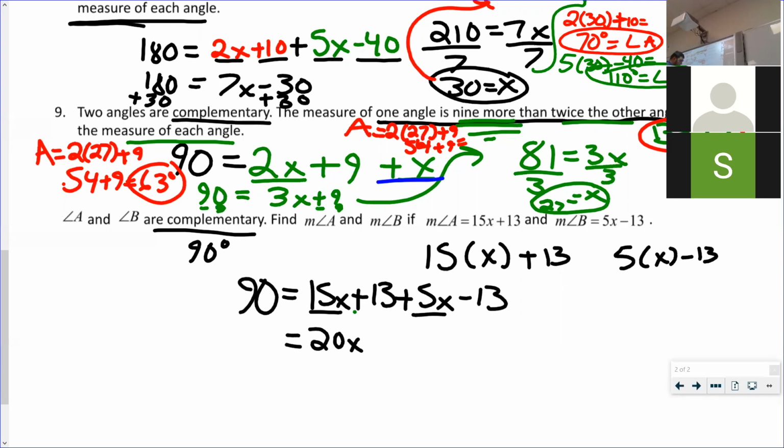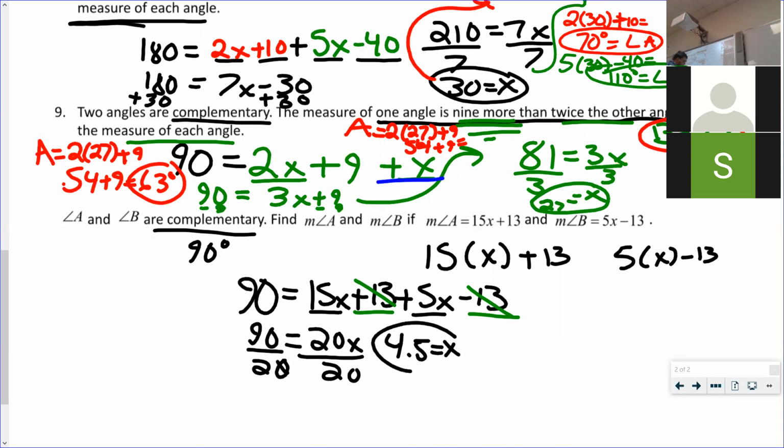And then 13 minus 13 becomes 0, so I don't need to write anything. That's 90. Then I divide by 20 on both sides, and you get x is 9 over 2, or 4.5 equals x.